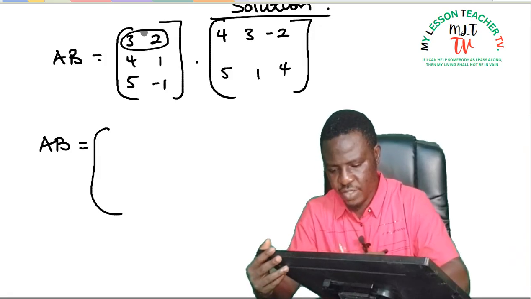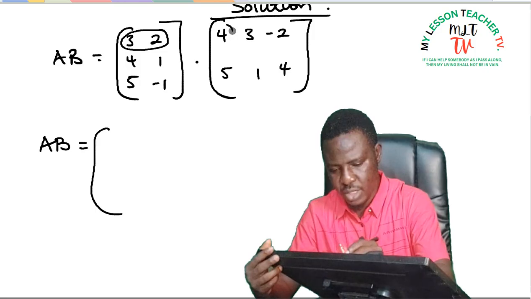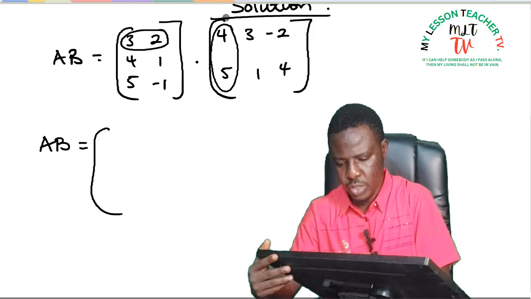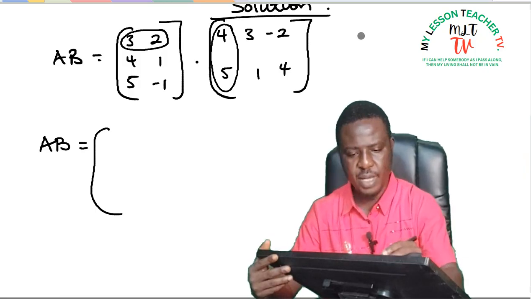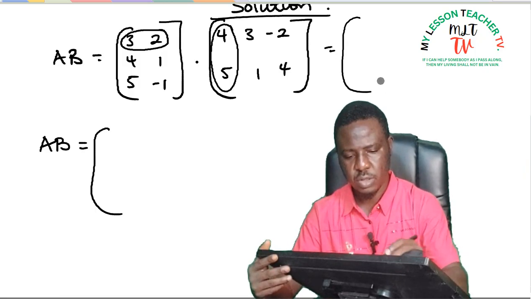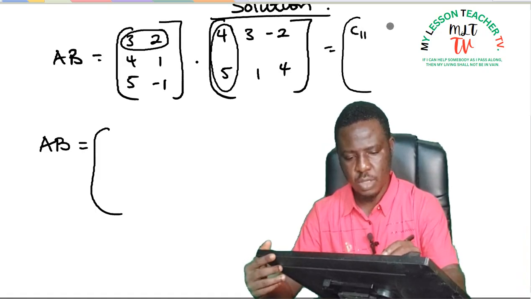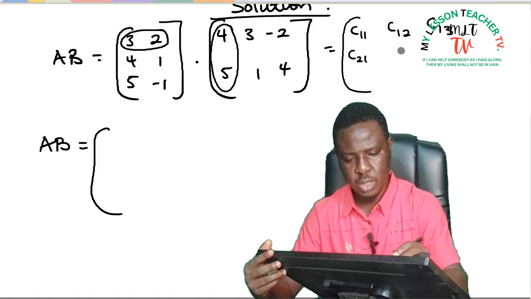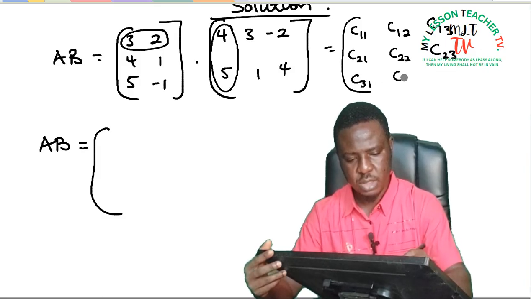We are going to multiply the first row with the first column to get our C11. Remember, this is going to give us C11, C12, C13, C21, C22, C23, and C31, C32, and C33.